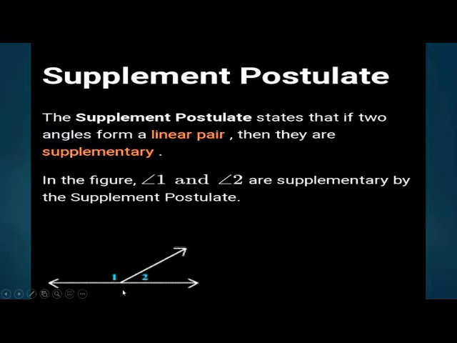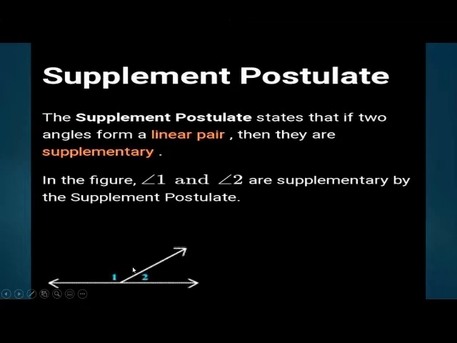What does it mean? It means that this is a line, right? So there are 2 angles on this line. These 2 angles are forming a linear pair. Linear pair means that they are two angles on the same line, so they make a linear pair.